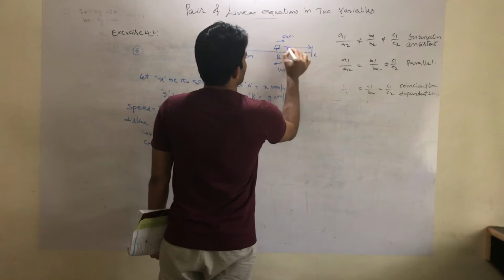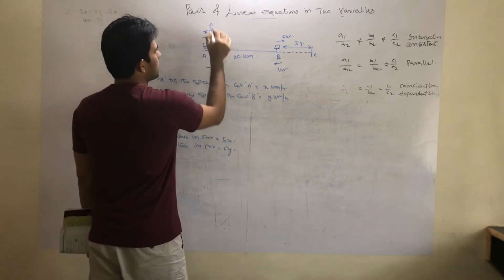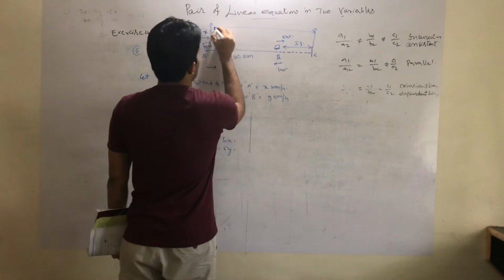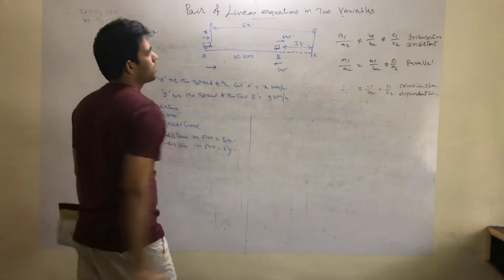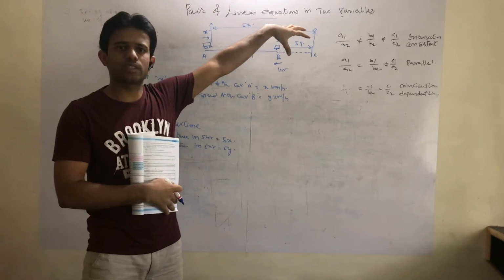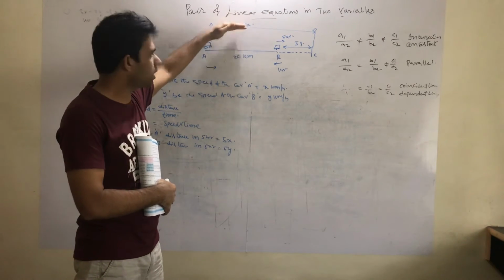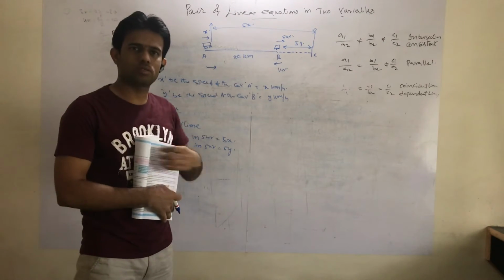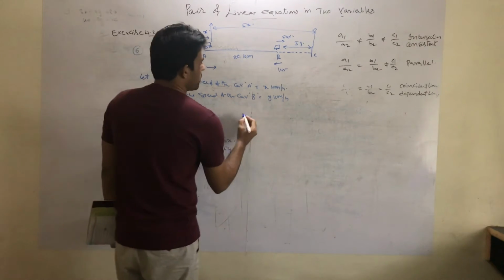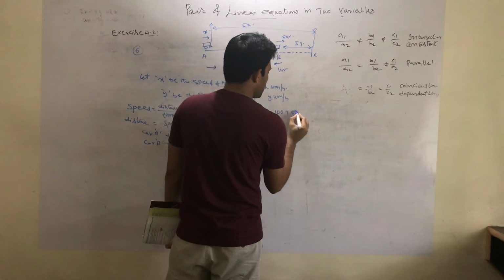So car B distance is 5y and car A distance is from here to here, that is 5x. From this diagram, car A is covering a larger distance than car B, and car A is covering 5x, that 5x equals 100 plus 5y. Is that true? So the first statement is 5x equals 100 plus 5y.